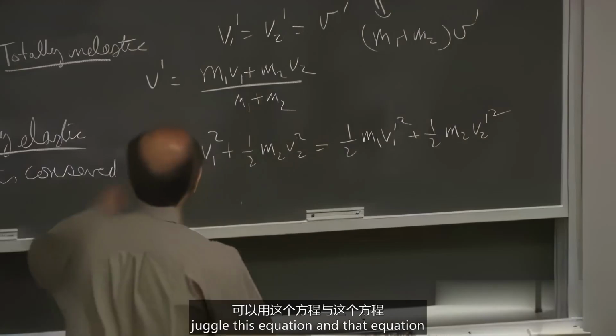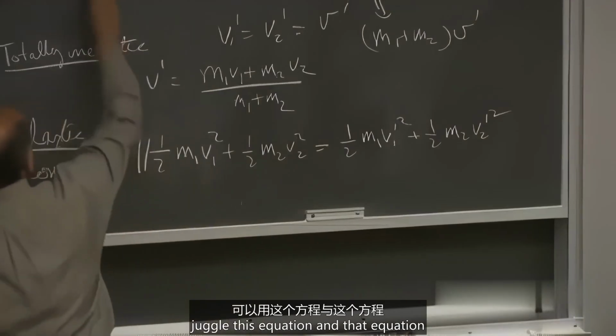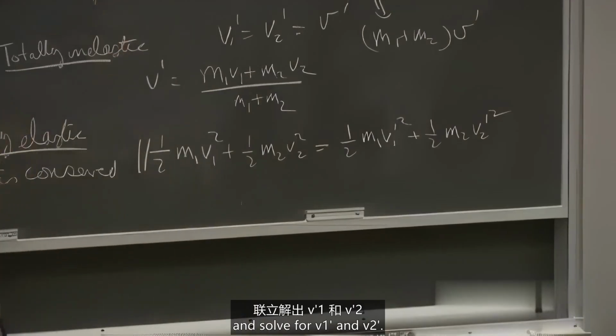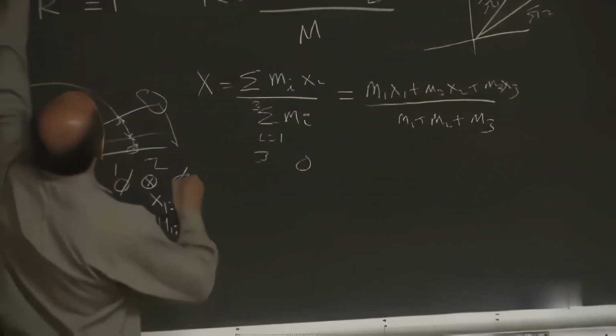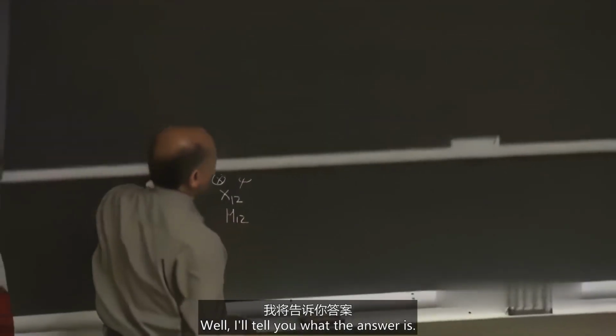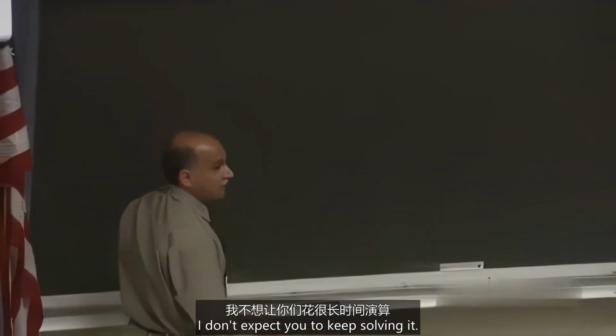You can, it turns out, juggle this equation and that equation and solve for v1 prime and v2 prime. Well, I'll tell you what the answer is. I don't expect you to keep solving it.